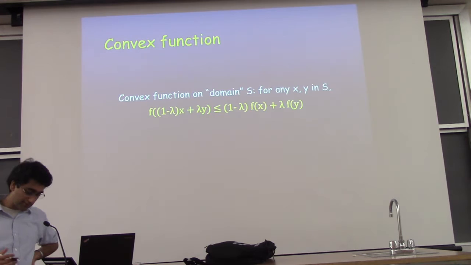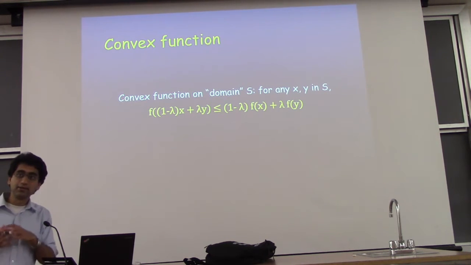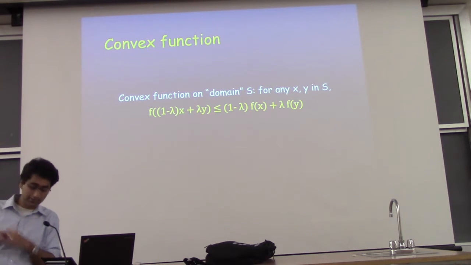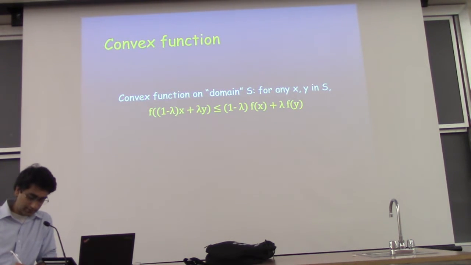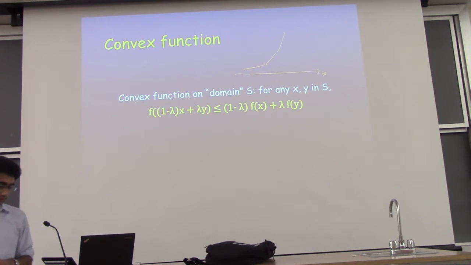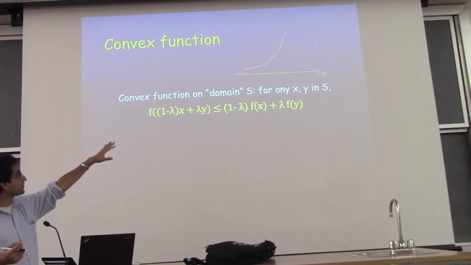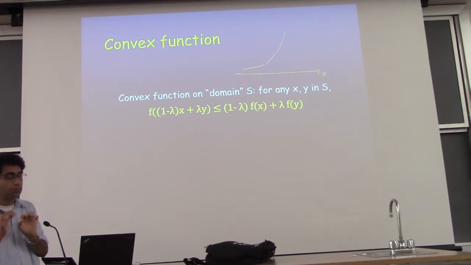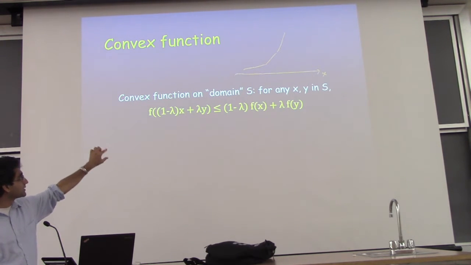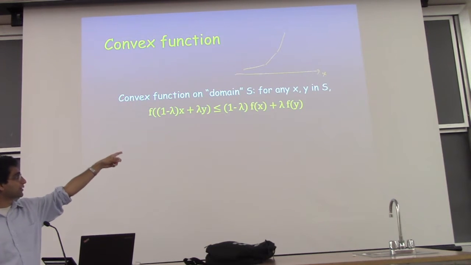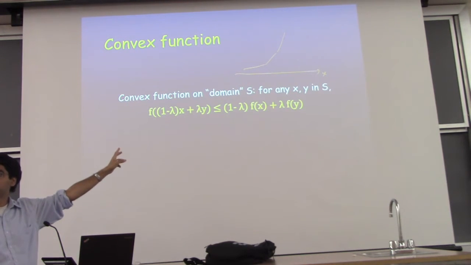And a convex function, we said intuitively, is a function that curves upwards. This is how a one variable convex function would look. The general property of a convex function is that if you take any two points x and y in your domain, any two vectors, and look at the weighted average of x and y and take f of that value, it's smaller than or equal to the weighted average of f of x and f of y.